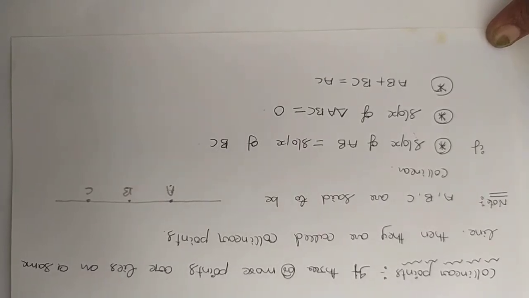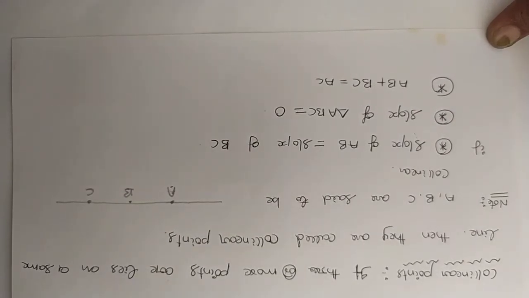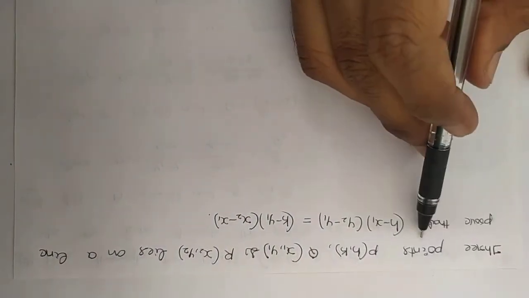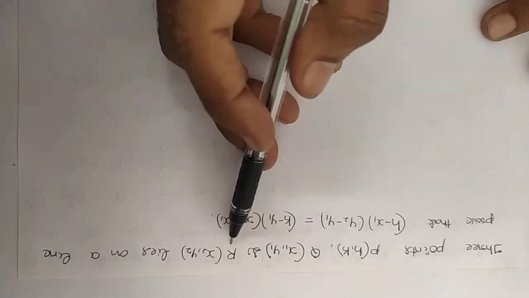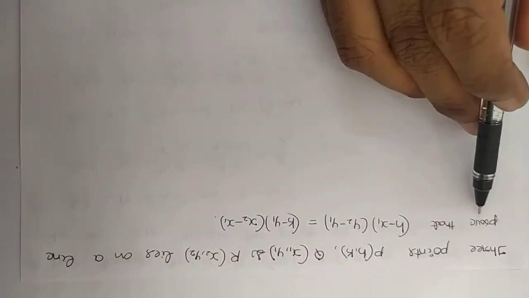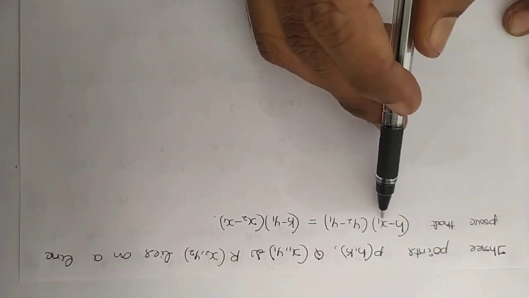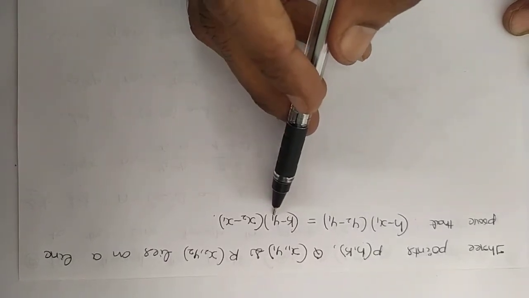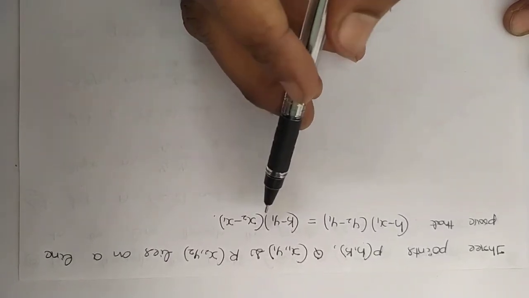Based on these collinear points, we will have one problem. Let us solve. Here we have one question: three points P, Q, R lie on a line. Then prove that (h minus x1)(y2 minus y1) equals (k minus y1)(x2 minus x1).